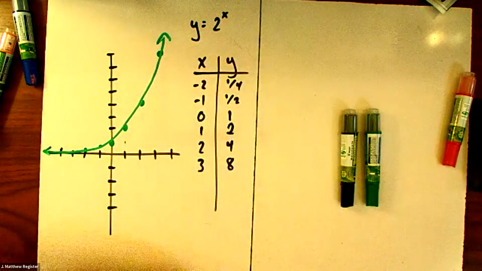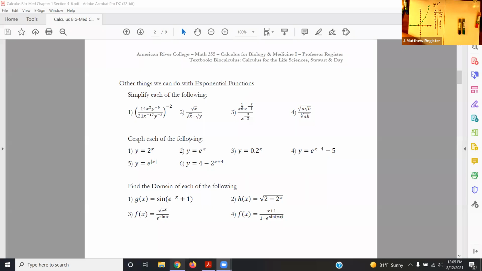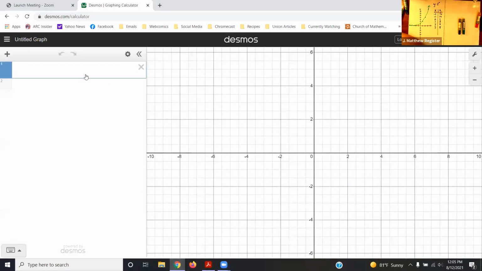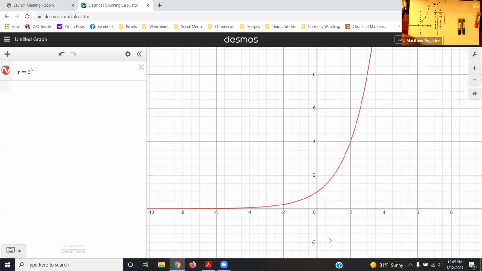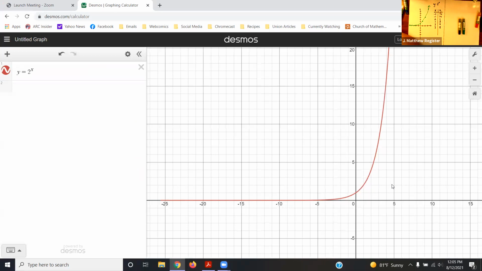And to see what I mean by that, let's actually pull up our good friend Desmos. In Desmos, if we graph y equals 2 to the x, this is what the curve looks like. And you can see that it starts by going very close to 0, and then it goes off to infinity very quickly.